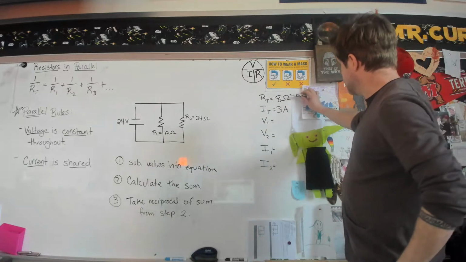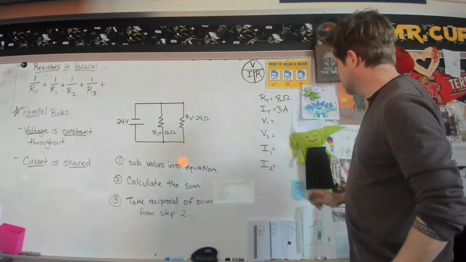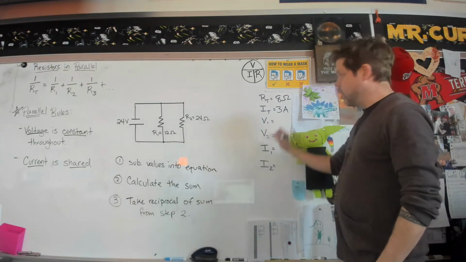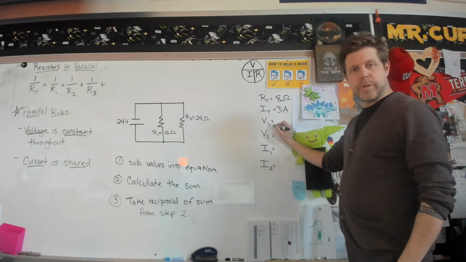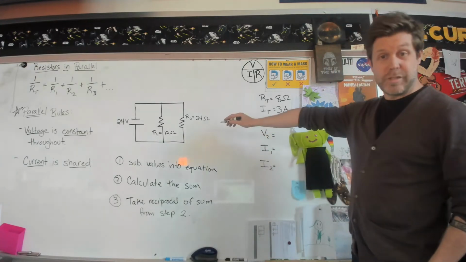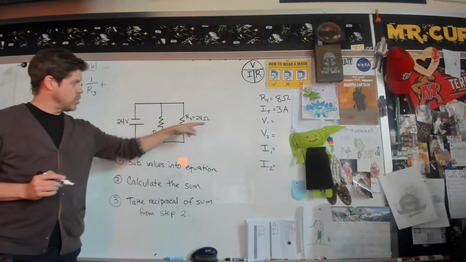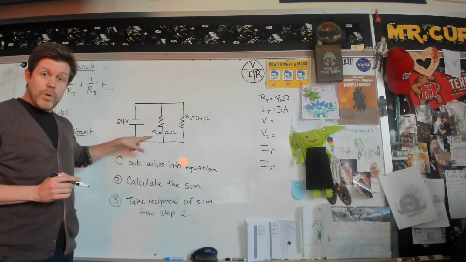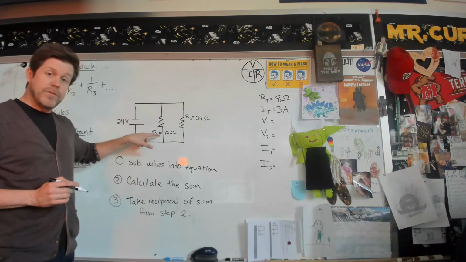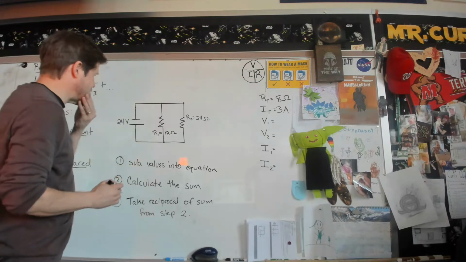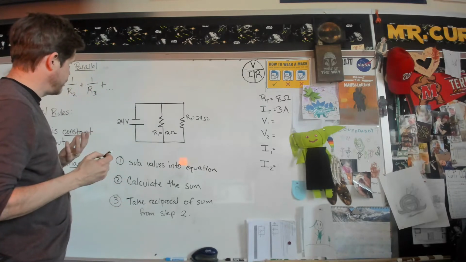So we've got our resistance, we've got our total current. Now we're going to look at our voltages. So V1, remember that little subscript, that 1 is corresponding to a resistor in the circuit. So if I come over here, V1 is going to correspond with R1. So I want to know my voltage at this resistor. Okay? So let's have a look and see what we know about it.